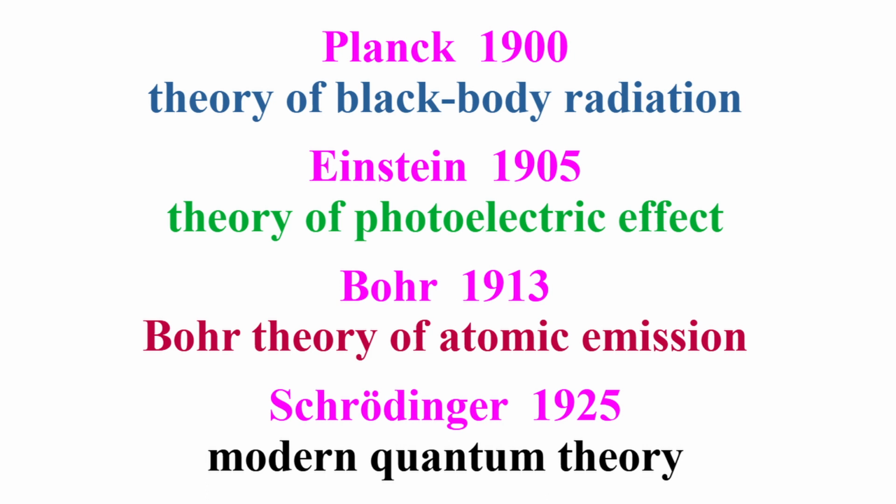Einstein watered it in 1905 through his theory of photoelectric effect to solve the second mystery and contributed to its further growth by Bohr in 1913 through his theory of atomic emission to solve the third mystery.